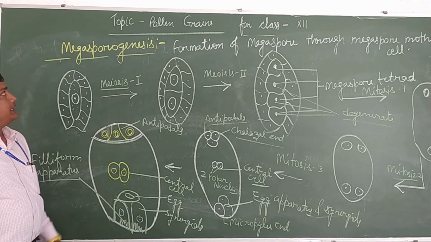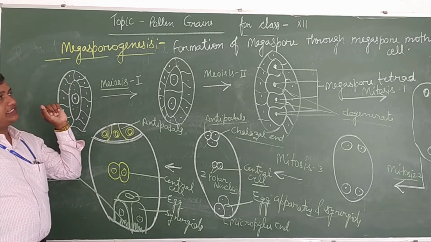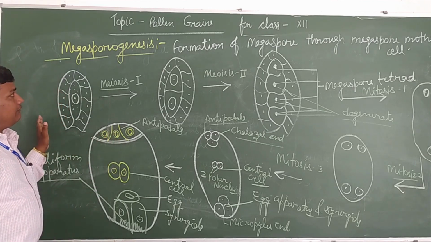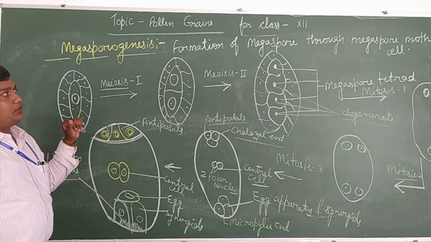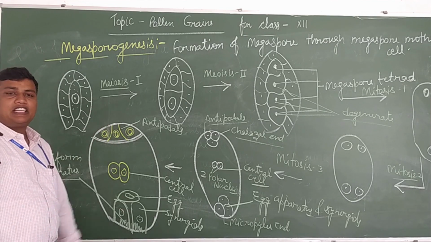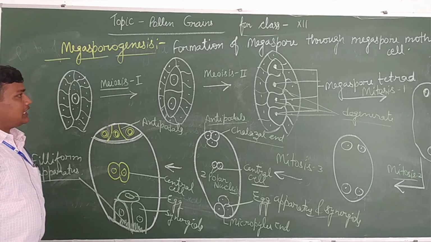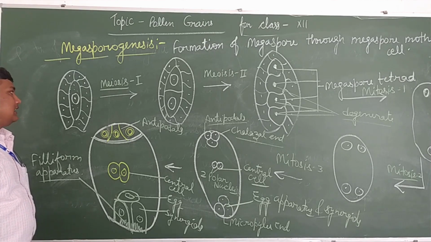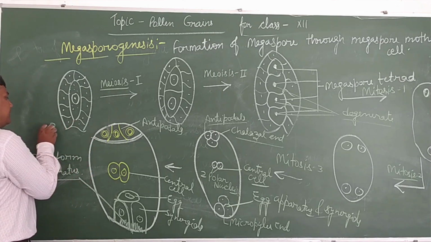So students, megasporogenesis is a complex process in which the megaspore forms through the megaspore mother cell. The megaspore mother cell is 2n.